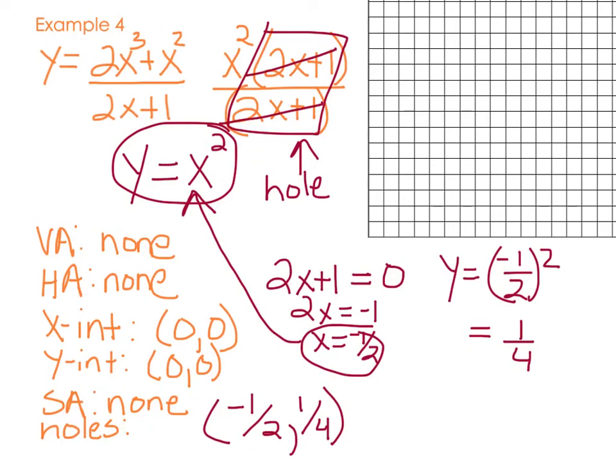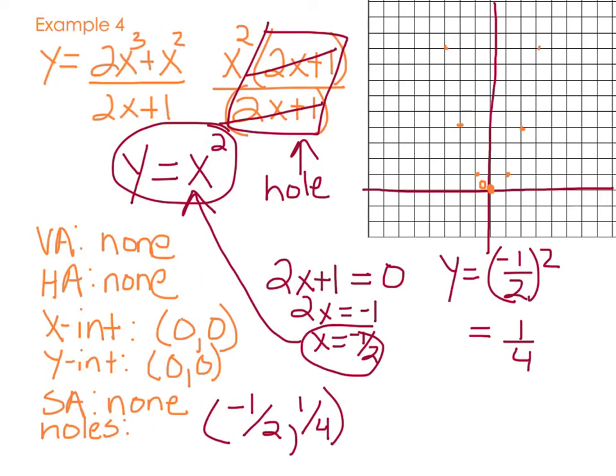And you're going to mark that on the graph with an open circle. So at -1/2, well here, let me draw some axes. And at -1/2, 1/4, I'm just going to be a little bitty right here. I'm going to draw an open circle. And then we know our x and y intercepts is 0, 0. And we know this is y equals x squared. It's a parabola, 1, 1, 2, 4, 3, 9, and so on.